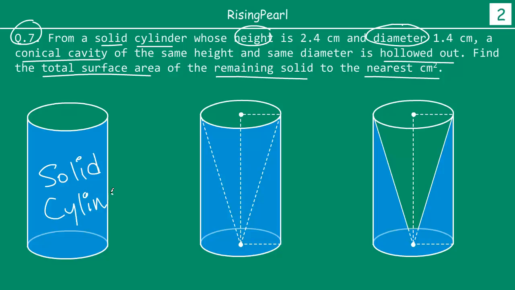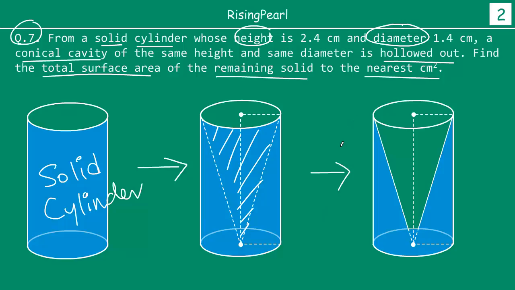And then what we did, we actually carved out this cone. So this is the cone. We started out with this, and then from here we actually carved out this cone. So this piece we took out, and then we are left with this. So our final shape looks like this.